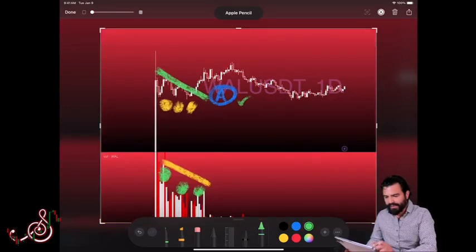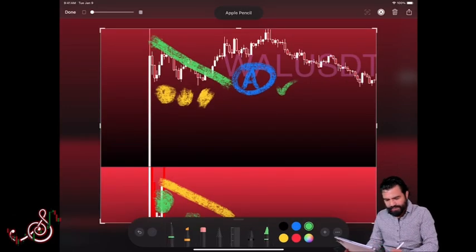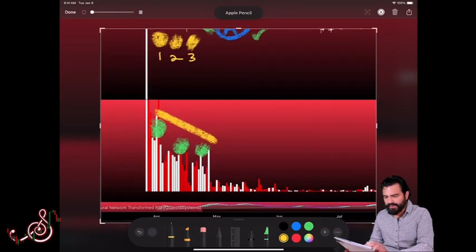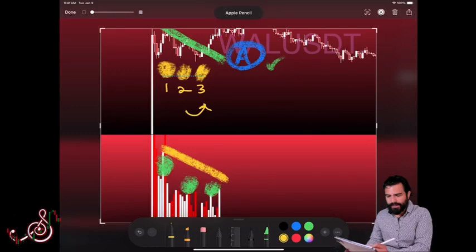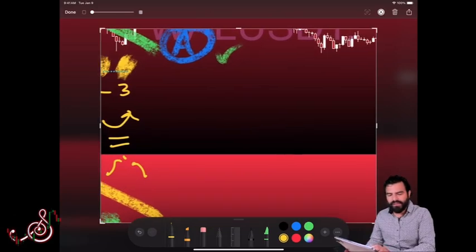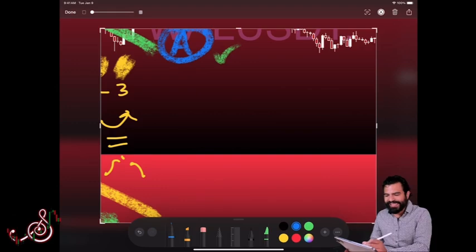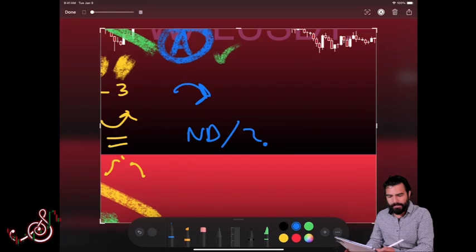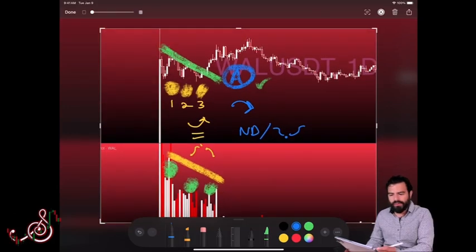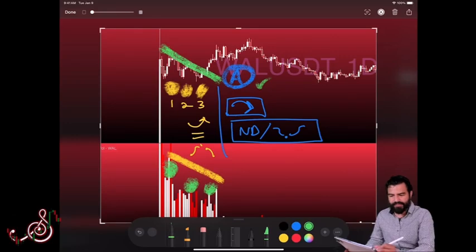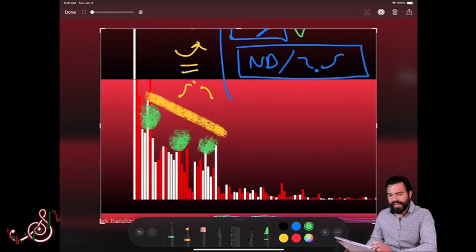Okay, we want to see the relationship of the volume at 1, 2, and 3 to be absorbed. We don't want to see an increase, or equal volume, or still aggregately high. We want to see the volume actually decreasing, or a no demand situation, which we also call aggregately low. Those are the scenarios that we want to have. These two equal that the supply has been absorbed, and we see the makings of that.